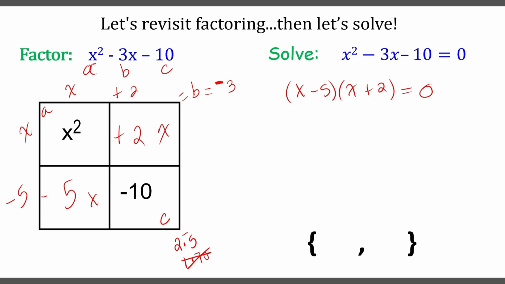You must always make sure that you are setting your factors equal to 0 in order to solve. Now, again, we know the inside of the parentheses flips, so that becomes -2 and +5. Notice I did switch up the order. I always try to put my smallest solution first. So you want to list your numbers from lowest to greatest.